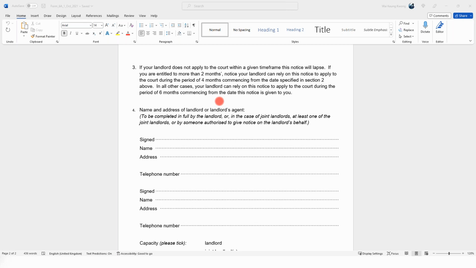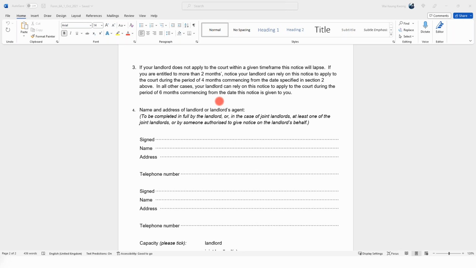So the first point is just confirming that the minimum notice period is 2 months. It's then saying that the Section 21 notice has a lifespan. So if your notice required is 2 months, you've basically got 4 months from the expiry of such a notice to then go to court and seek possession of the property if the tenant doesn't vacate.